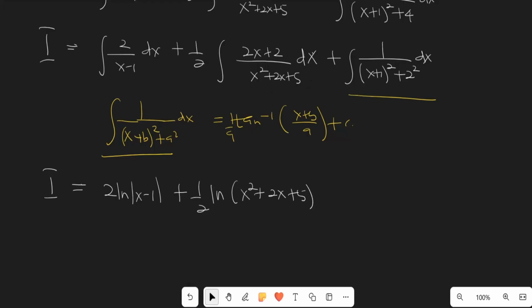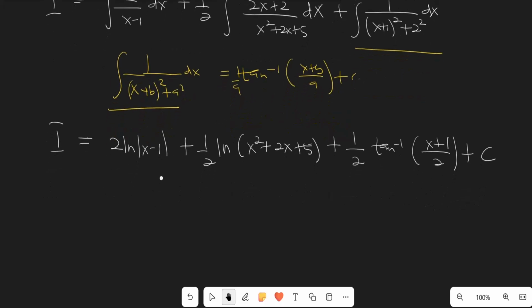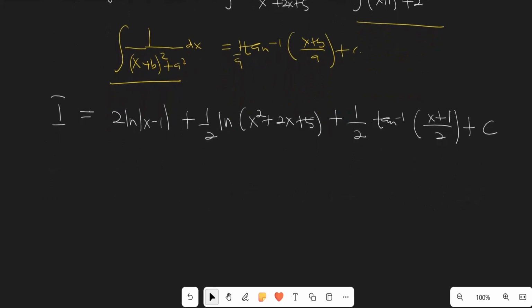This is a positive value, so you don't need to put it in absolute value terms. And this one plus, this is the arctan integral. This is the same as 1 over 2 and the arctan of x plus 1 all over 2, and our 2 here is the a in this case, plus the constant of integration. So this is the value of our integral.